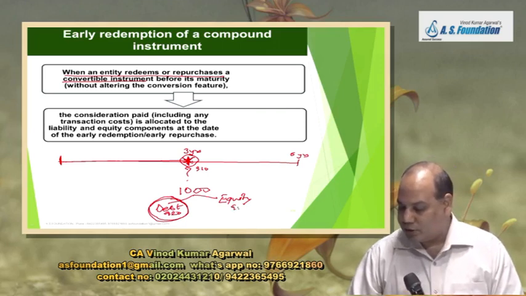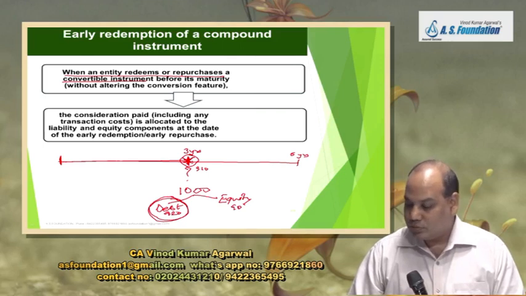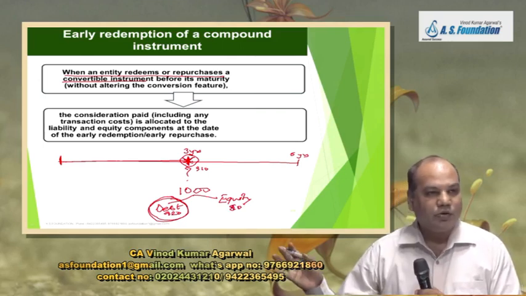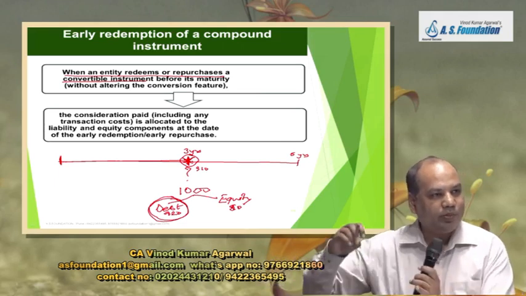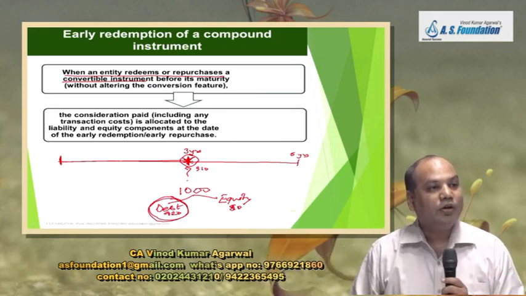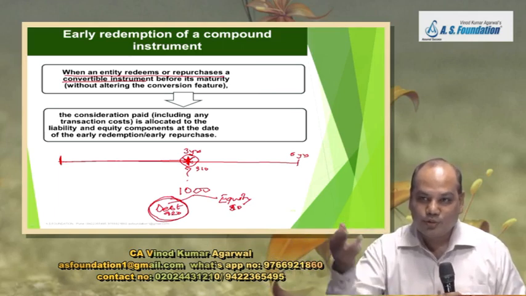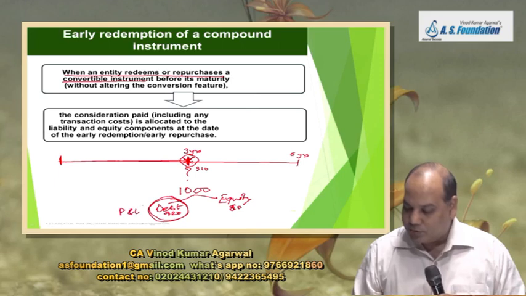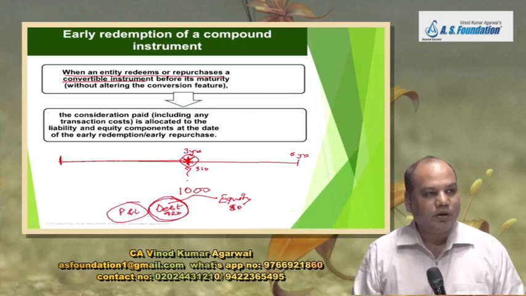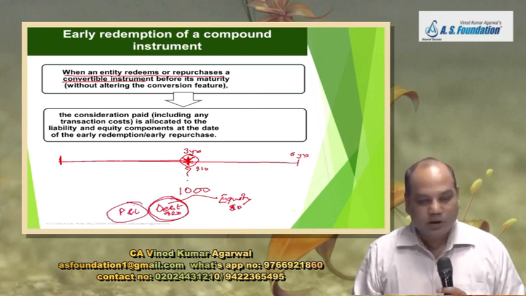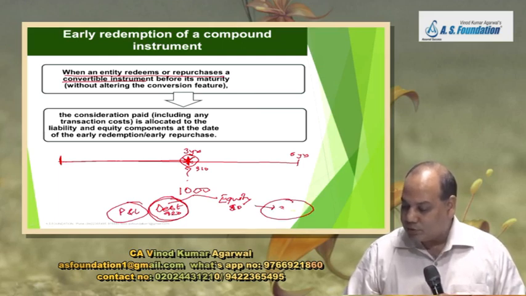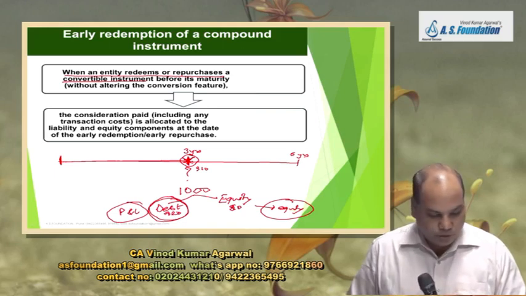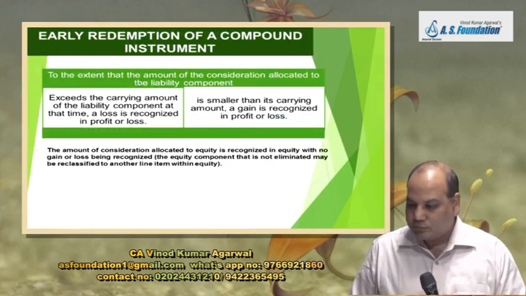And you transferred 80 to equity, and some balance is already there in the equity account, both will be transferred to another component of equity but not to the P&L account. So this difference between amount transferred and carrying amount goes to the P&L account, and the equity portion will be transferred to another component of equity. I have written a note also for you.